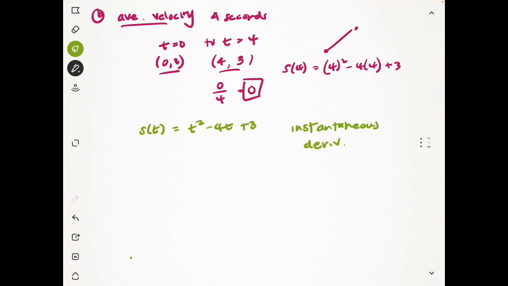So the derivative of this is going to be 2t minus 4. And then we just plug in 4, right? Because it's asking at time t equals 4. So that's going to be 2 times 4 minus 4, which is 4. So it's definitely traveling at t equals 4, even though the average velocity over that interval would be 0. Okay, this is part C.